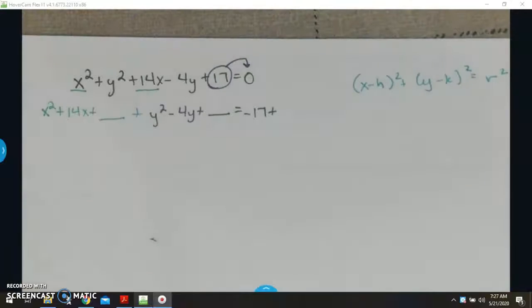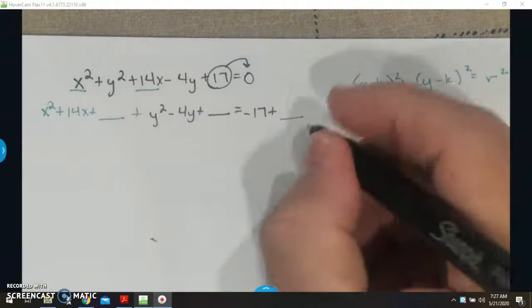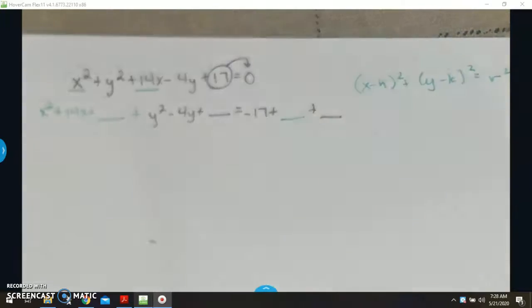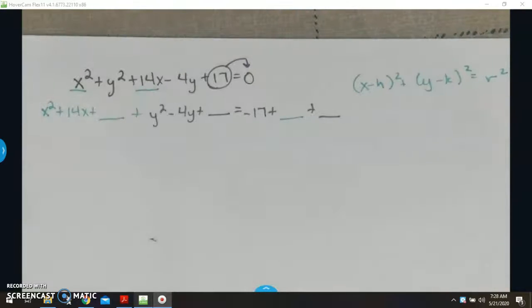Plus my green space, plus my purple space. Okay, that's the whole idea.